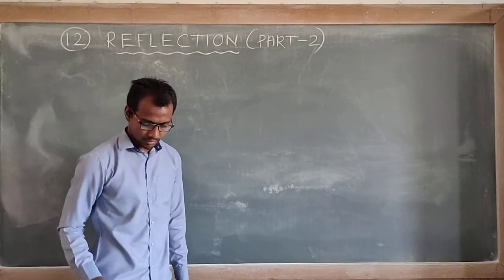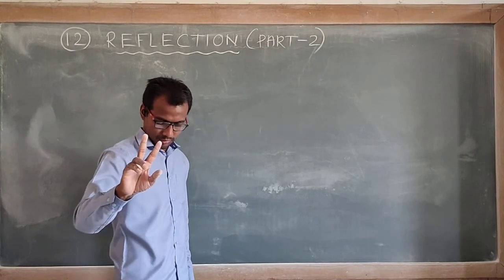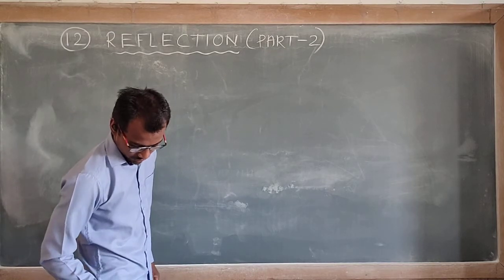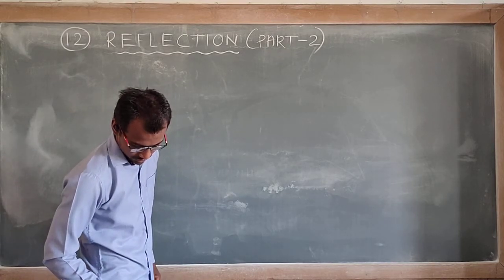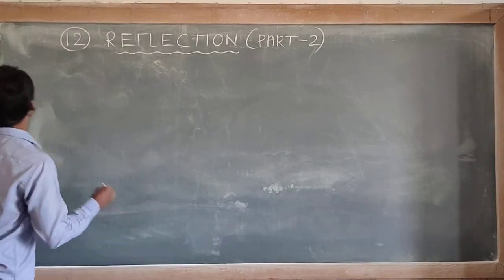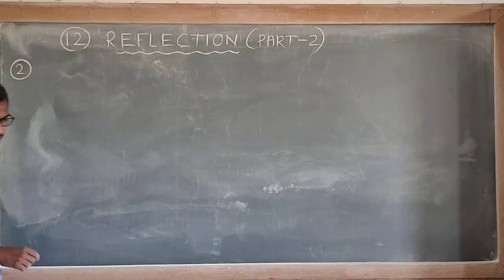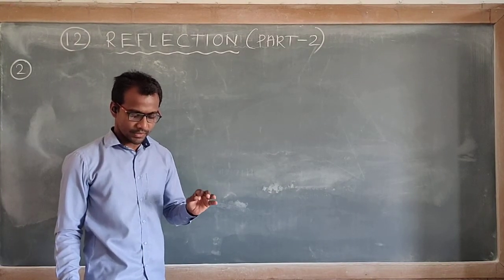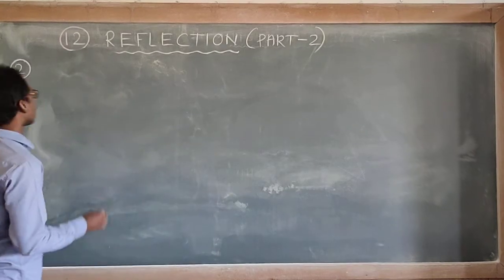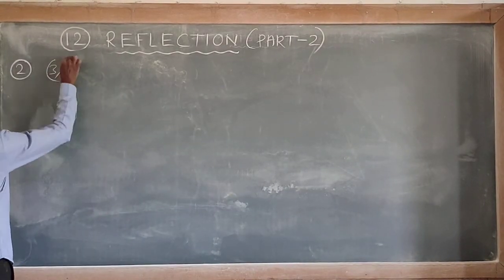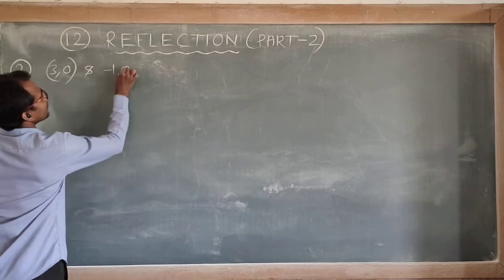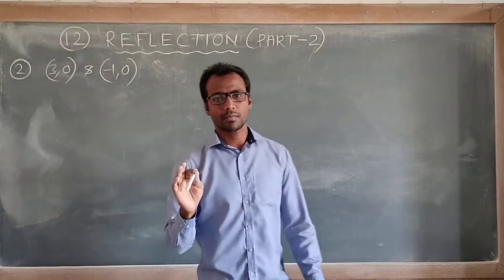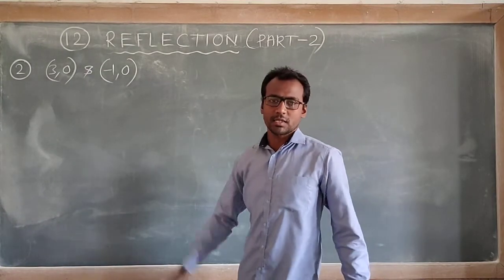Now move to question number 2. Points 3, 0 and minus 1, 0 are invariant points under reflection in the line L1. These are of the form x, 0, which means these two points lie on the x-axis.